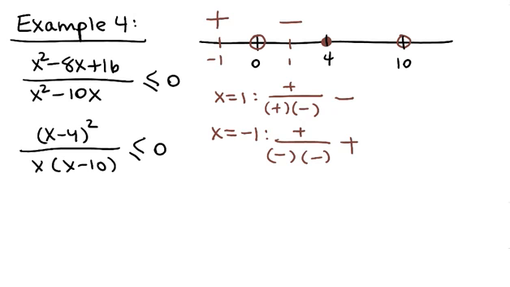You might be thinking, I don't believe you, it's going to alternate. So let's try x equals 5. When x equals 5, we have a positive numerator, and the denominator has 5, which is positive, times 5 minus 10, which is a negative number. So that's negative.